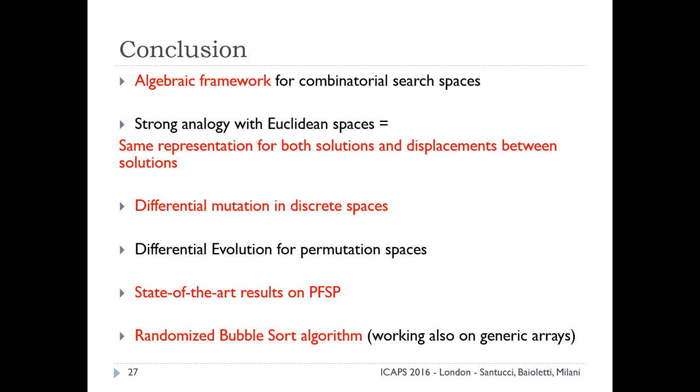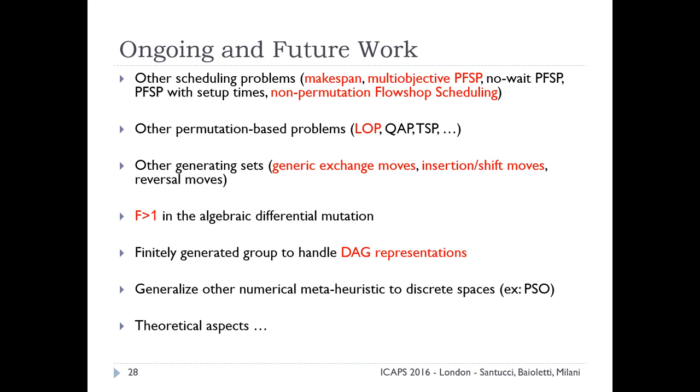We have also a randomized bubble sort that can also work on generic arrays with the same worst-case complexity as the classical one. And we are also doing some ongoing work, in red, and future work, in black. We have applied it also to the makespan objective, and we have good results there.